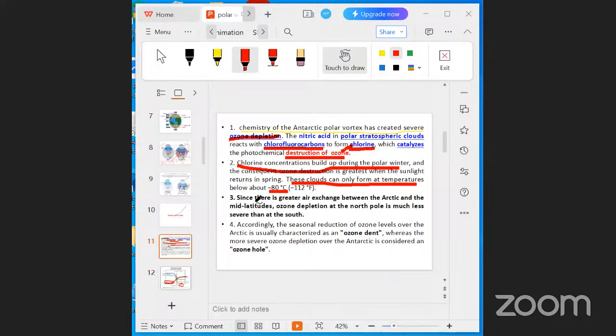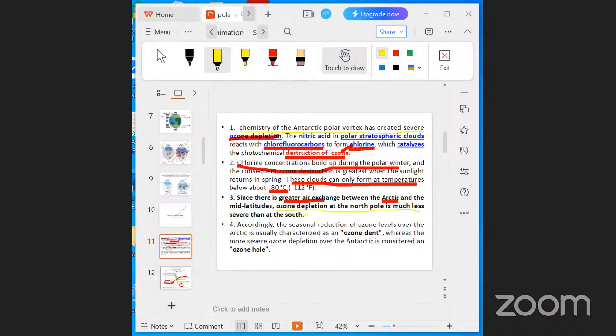So next, since there is greater air exchange between the Arctic and the mid latitudes, ozone depletion at the North Pole is much less severe than at the South Pole. The Northern Pole has lots of mixing of air because of the land and ocean distribution.